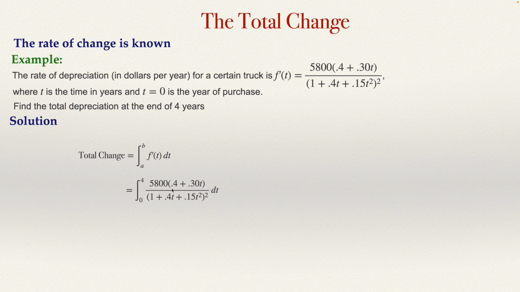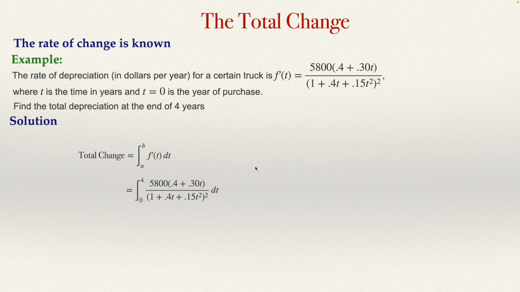And now, just solve this integral. I know it will be an easy problem if you use substitution. So you make u equal 1 plus 0.4t plus 0.15t squared. This is u, so you have u squared at the bottom. Get the du, and you're going to know that it will have these factors. But anyway, you can use a software.